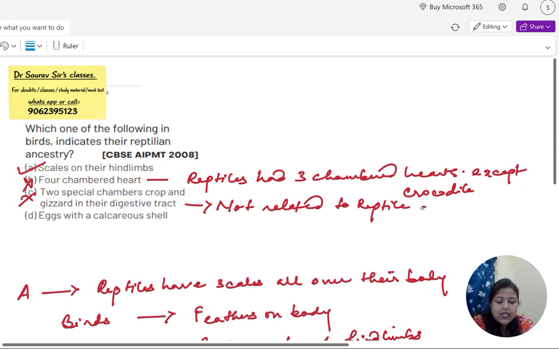Next is eggs with calcareous shells. This can be a bit tricky. It is wrong over here, but reptiles also do lay eggs and birds lay eggs, but this is a general amniote feature.